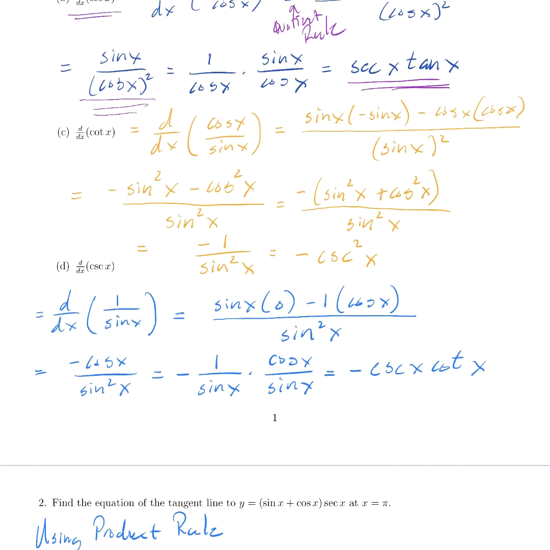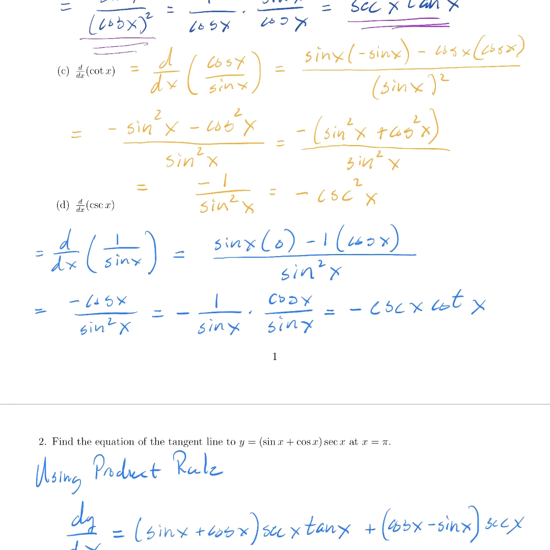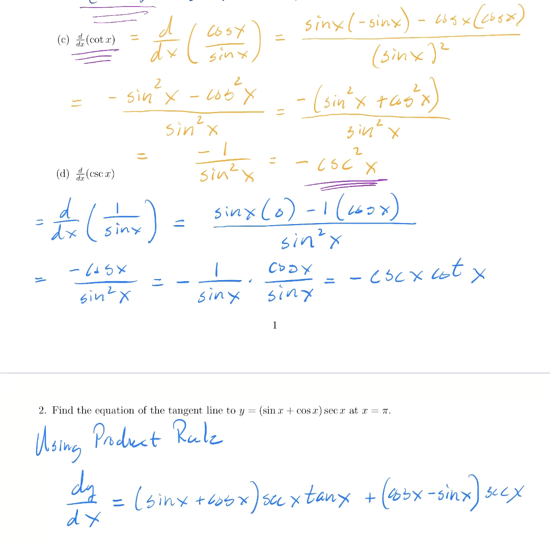Okay, we do something very similar with cotangent. Rewrite it as cosine divided by sine. Apply the quotient rule, reorganize the terms ever so slightly, and we get to the derivative of cotangent is negative cosecant squared. Similarly with cosecant, start by writing it as 1 over sine, apply the quotient rule.